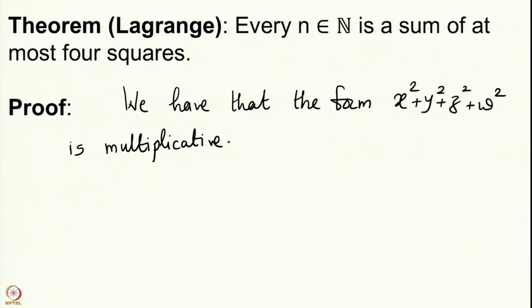Let me recall for you that we have given two proofs of this. We actually proved that x square plus y square plus z square plus w square is the determinant of a special type of matrix. And further, if you take any two such matrices and take their product, then the product is again a matrix of the same form.